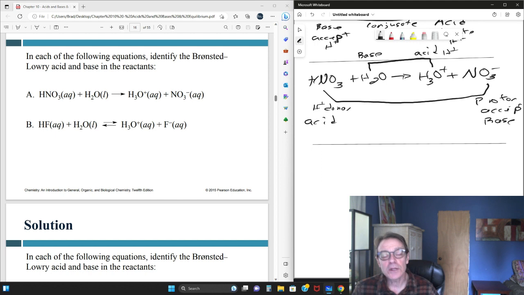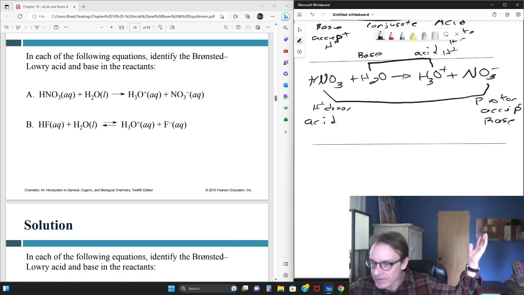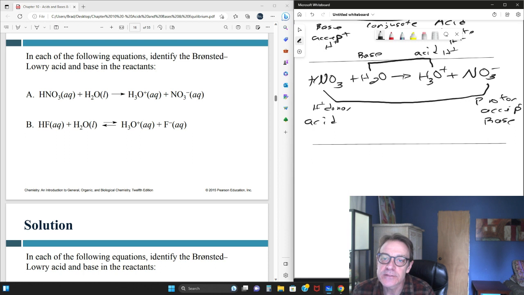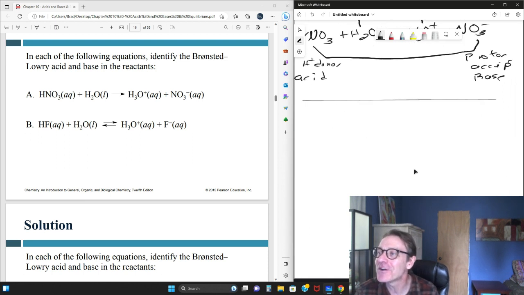You could certainly be asked a question: what is the Bronsted-Lowry acid in this equation, or something along those lines? On the left side of the equation. Nor would I expect you to already be able to do this. What would you need me for if you could already do this, right?